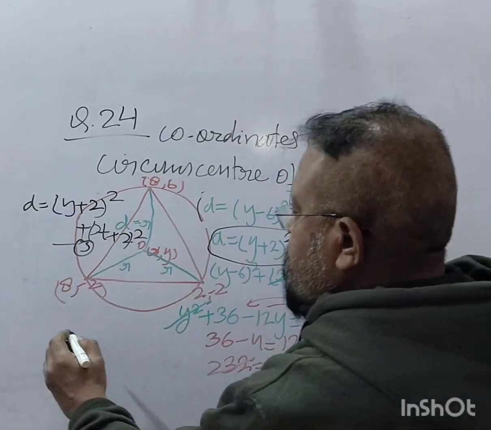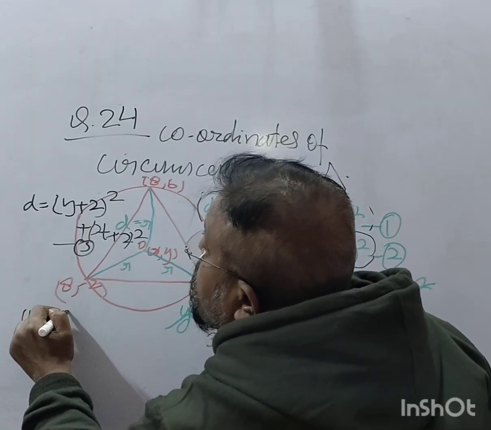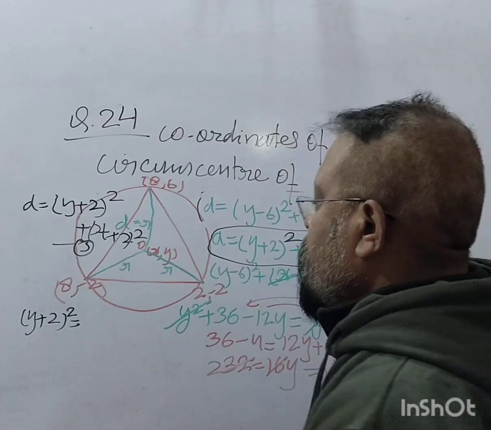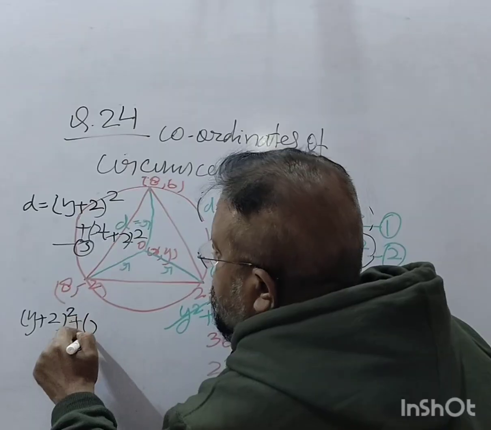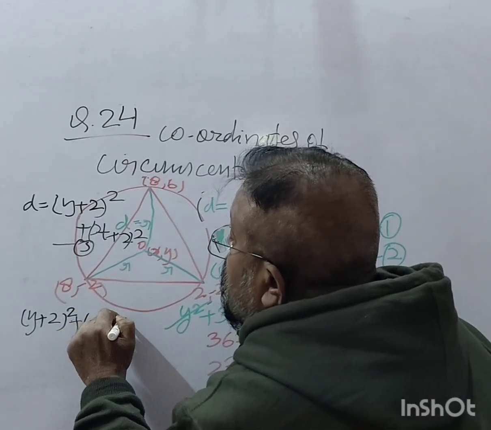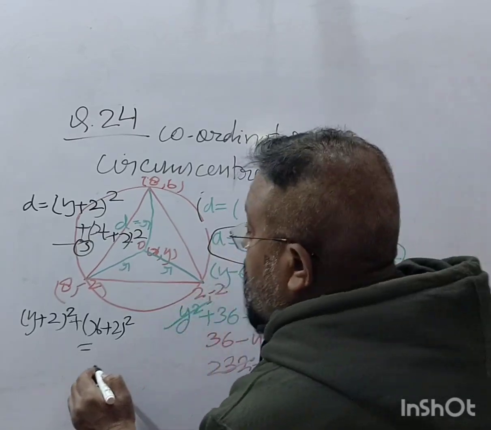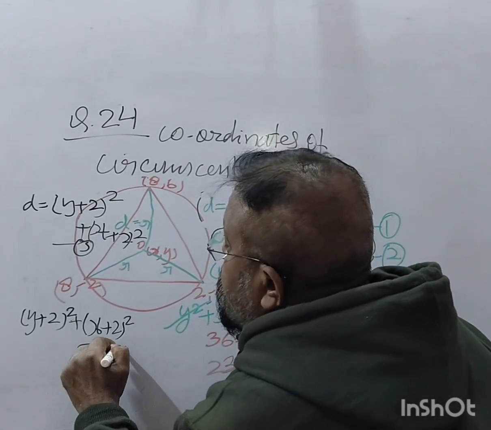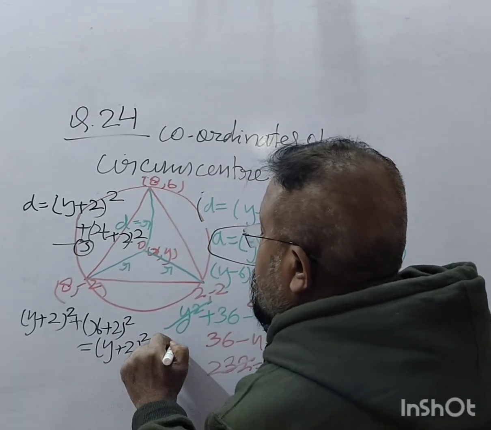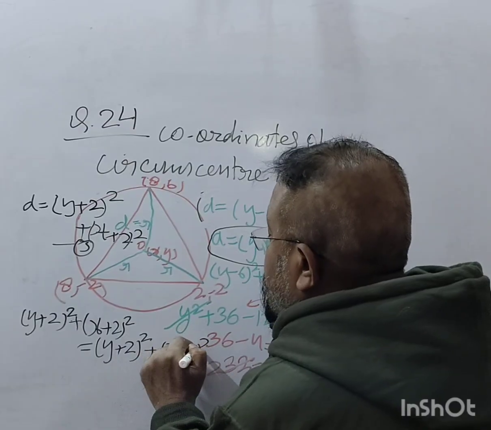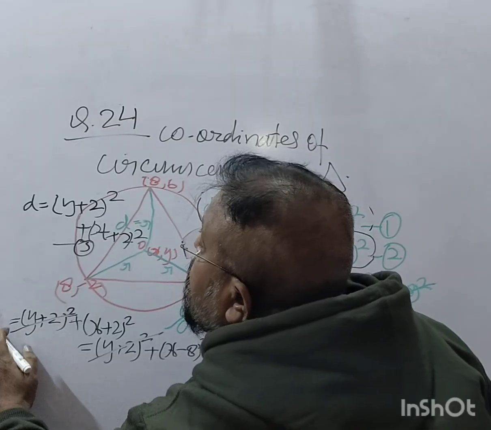So when you equate this, it becomes y plus 2 whole square plus x plus 2 whole square is equal to, you take this second one, y plus 2 whole square plus x minus 8 whole square. So y plus 2 square is cancelled out, right?